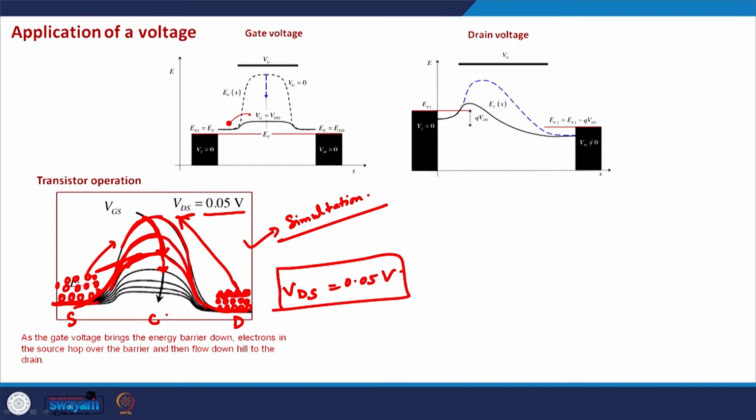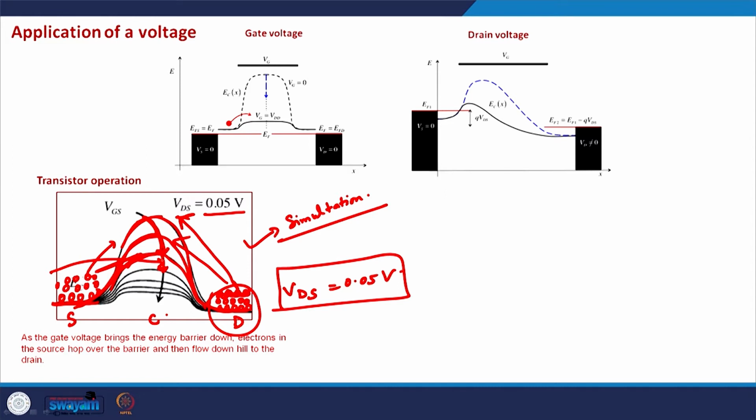So it is not at all difficult for them to cross the barrier, and if we apply a drain voltage, it will be relatively more difficult for the electrons on the drain terminal to cross the barrier. There will be this non-symmetric crossing of the barrier, and that's how a current starts in the system.